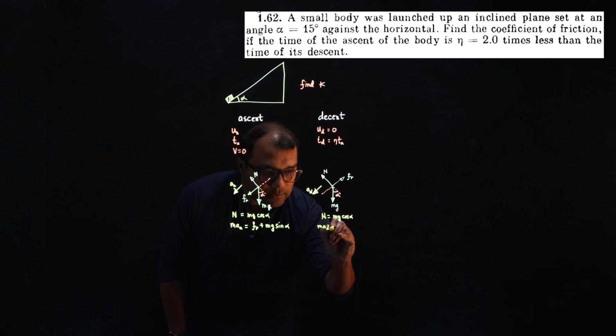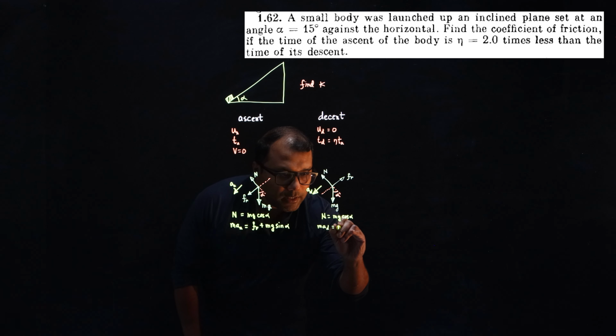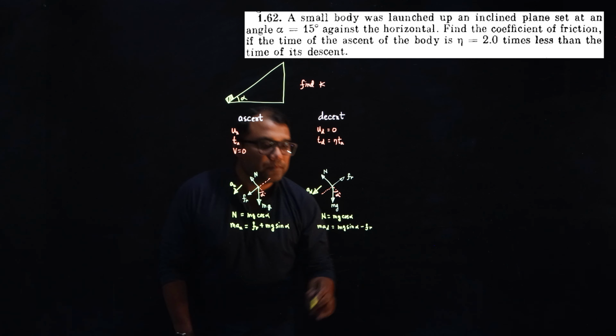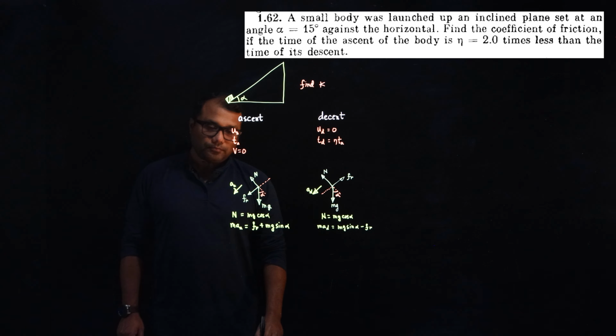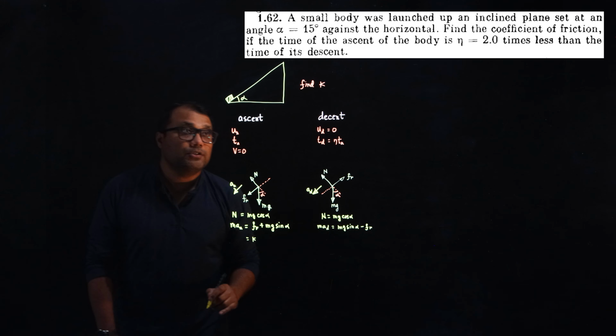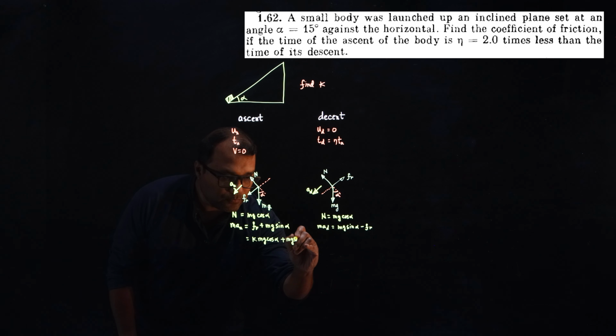MAD, the descent, is equal to mg sine alpha minus Fr. Now Fr is K, the coefficient of friction, which we need to find, times mg cos alpha, which is the normal force.